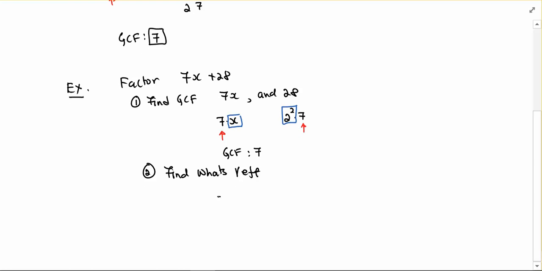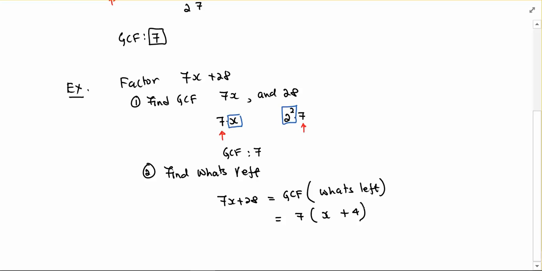So in other words, you say 7x plus 28 is equal to, you have the GCF here, parentheses, and what's left there. And so in other words, we would have in our problem 7(x plus 4).